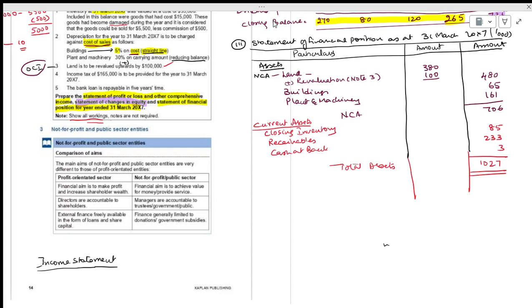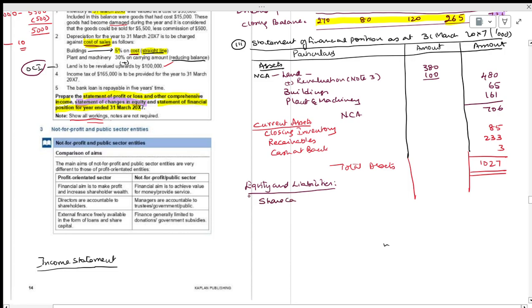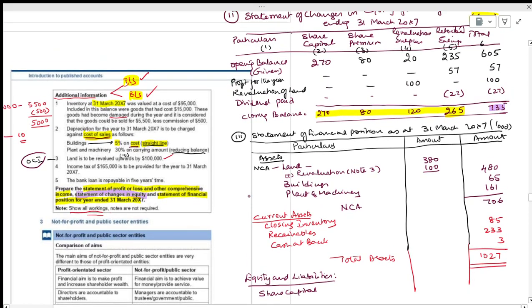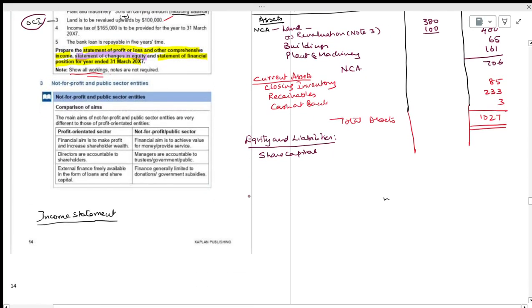Fine. Next. What do we have to write? Equity and liabilities. Now, under equity and liabilities, first write share capital. How much is the share capital we have done? From the statement of changes in equity, 270.